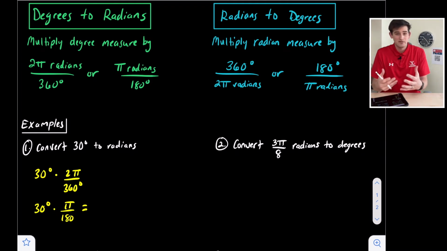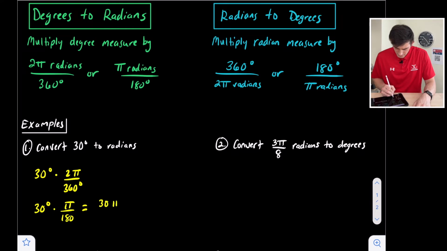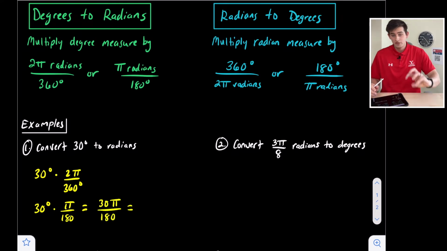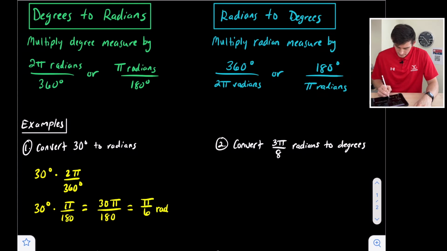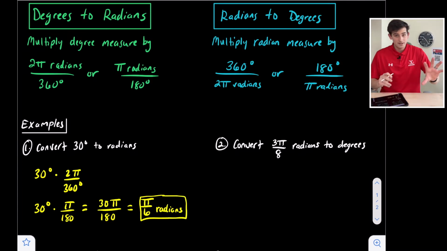It's like we've already simplified 2 over 360. So now this gives us 30 pi over 180. And now we can just simplify 30 over 180 because we could divide 30 into both of those numbers. And we're just going to get pi over 6, and it is in radians. Okay? So 30 degrees is the same as pi over 6 radians.